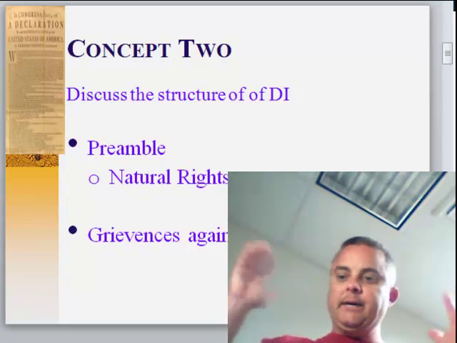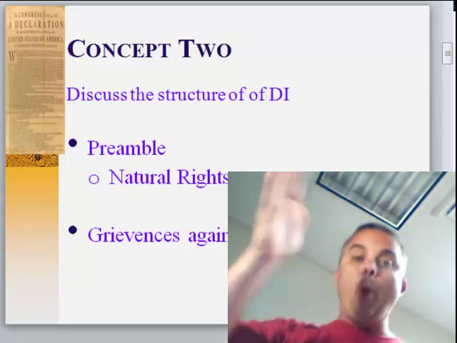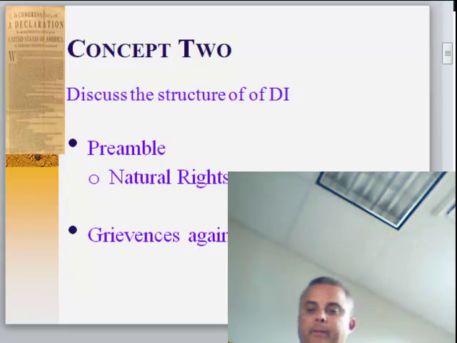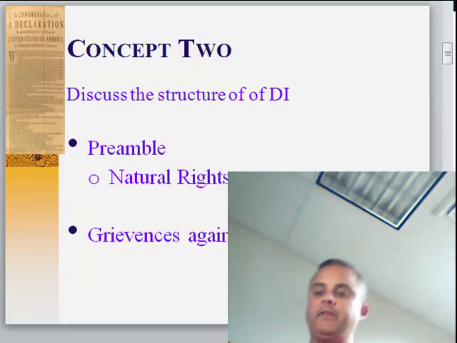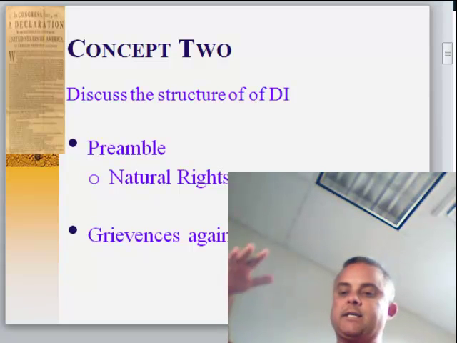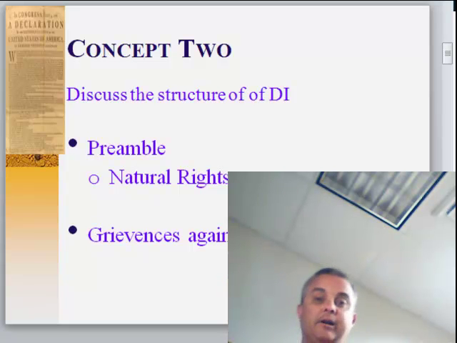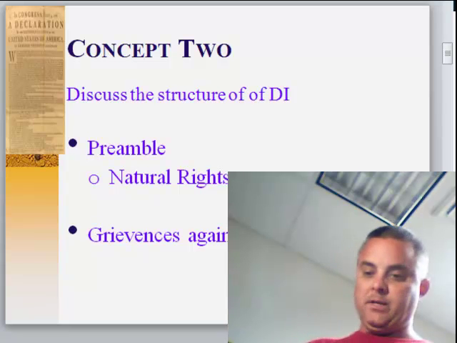By attacking the king himself, the colonists were showing that there was no possibility that they could be persuaded to remain within the empire. In political theory, the king was the highest of the political authorities, and they were making it clear that they would not accept any British authority.